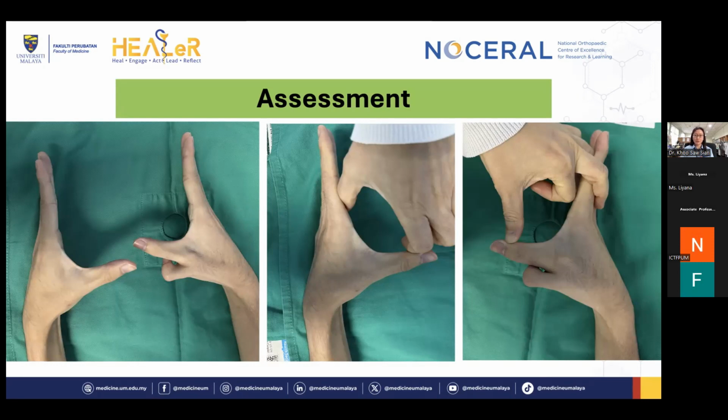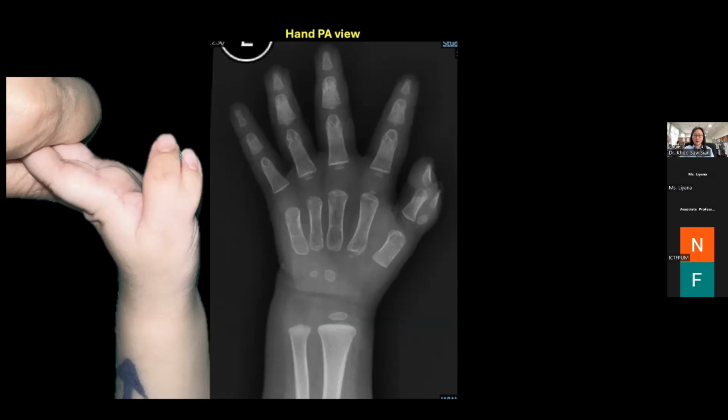common. Another common mistake that leads to a poor surgical plan and poor outcome is the X-ray, because a lot of the time the X-ray is ordered very early in the days and is not repeated. And number 2, the wrong view is ordered. A hand AP view can never see the thumb in a true AP position, because the thumb is not lying in the same plane as the rest of the fingers.